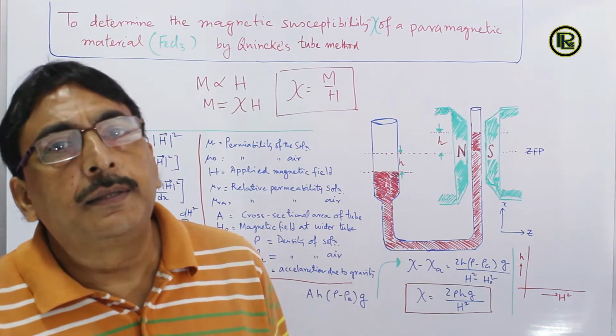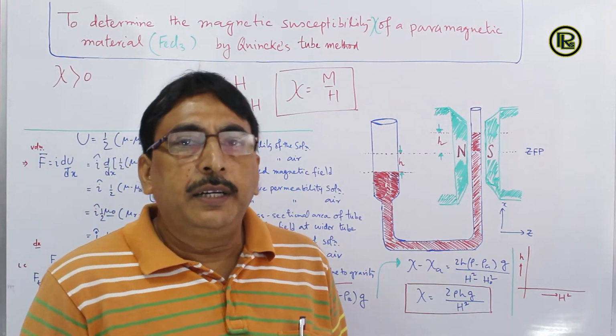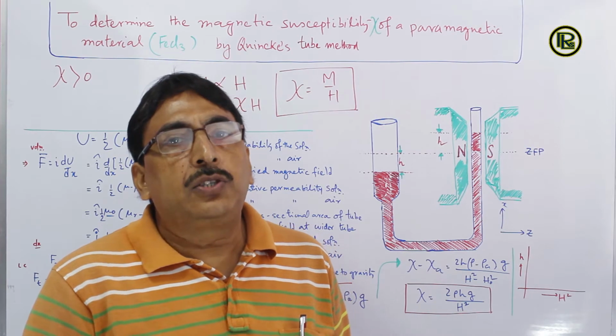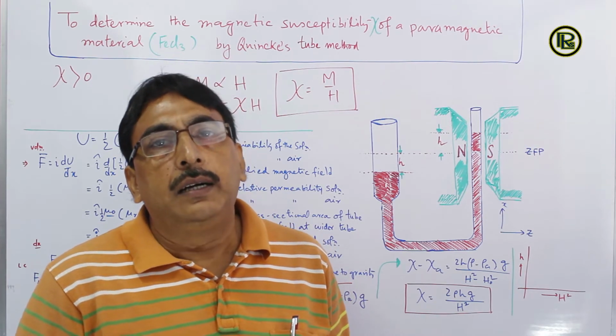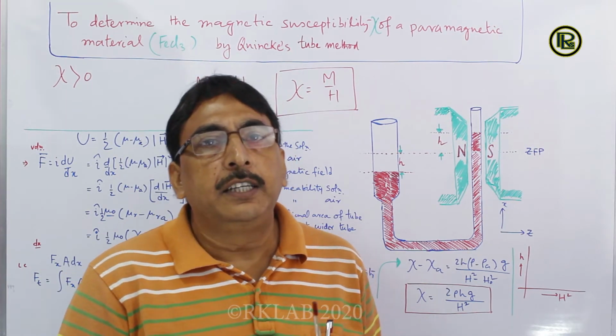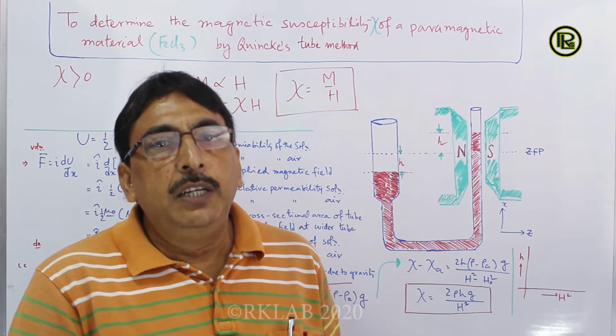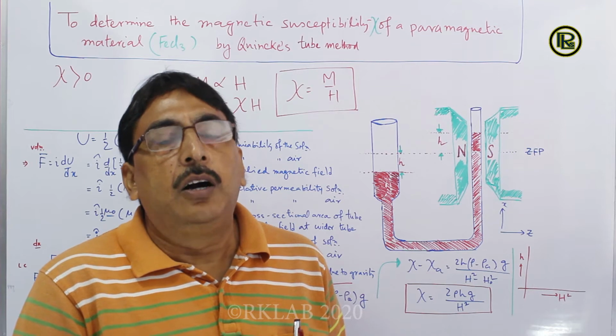Usually, when an atomic dipole is placed within an external magnetic field, it tries to align parallel to the external magnetic field, because that gives rise to the minimum potential energy of the system.